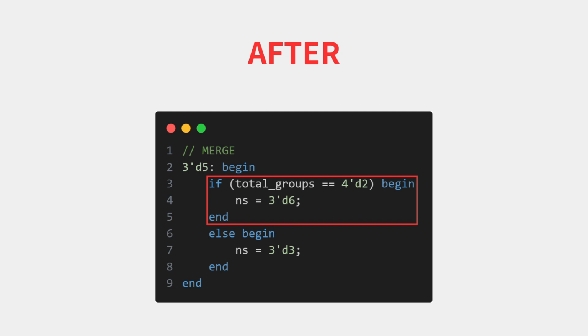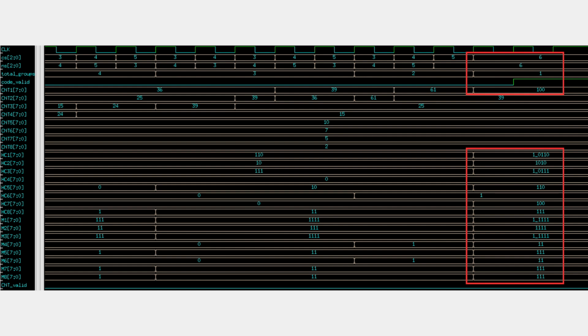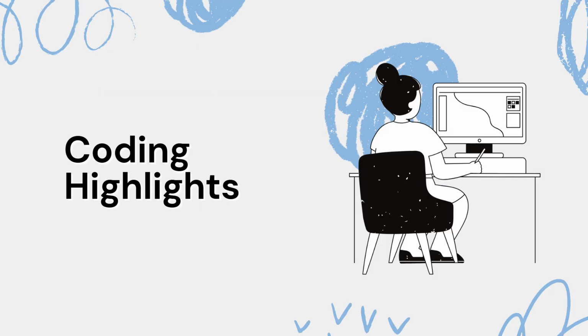So we modified the ending condition statement to total group is equal to 2 or not. Then the next stage will have enough time to change to the ending stage. So we get the correct waveform.